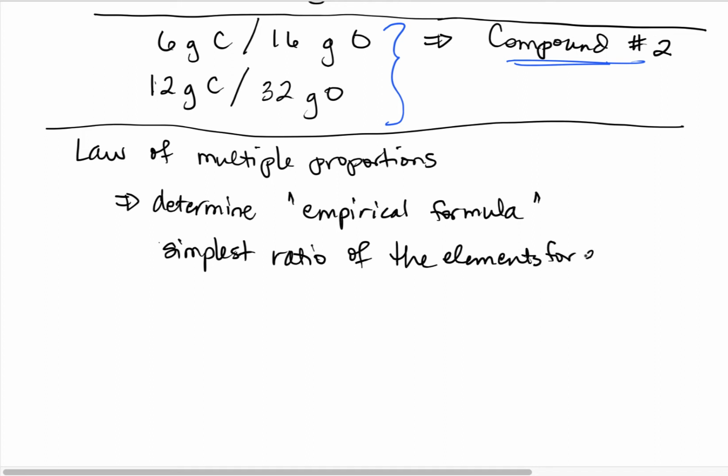And don't worry too much about empirical formulas right now. They'll make a lot more sense in a little while after we start talking more about different kinds of compounds.